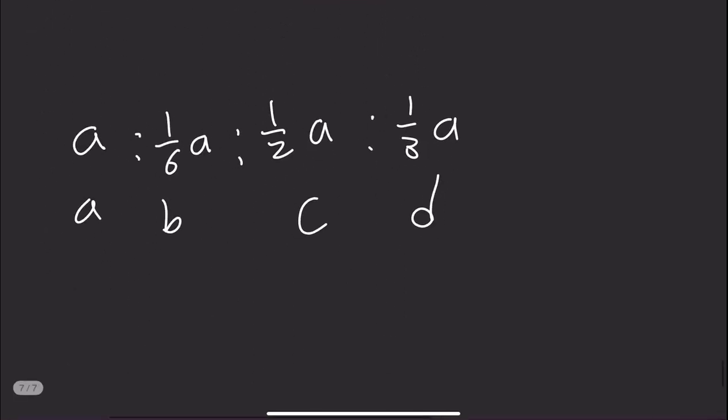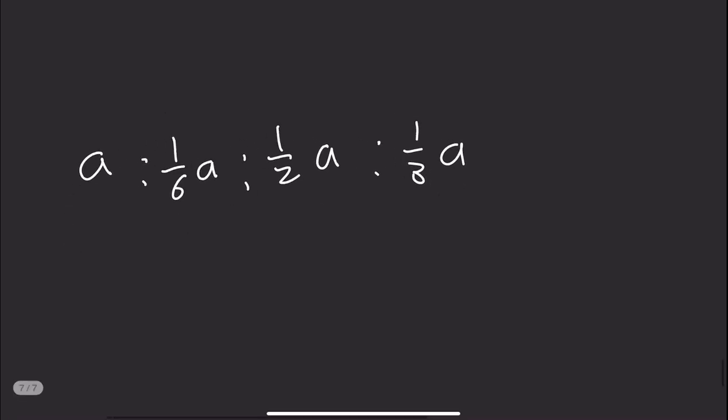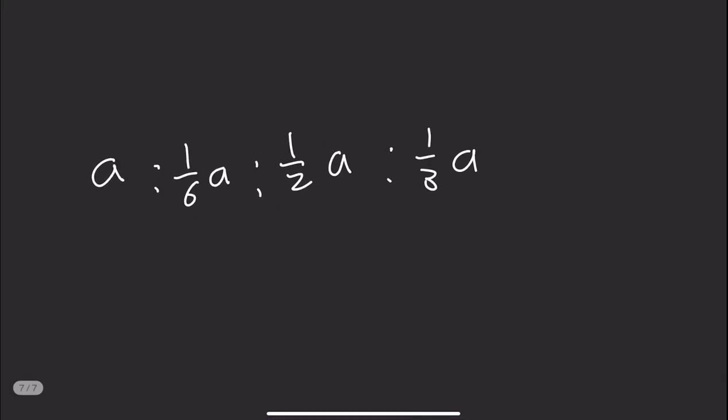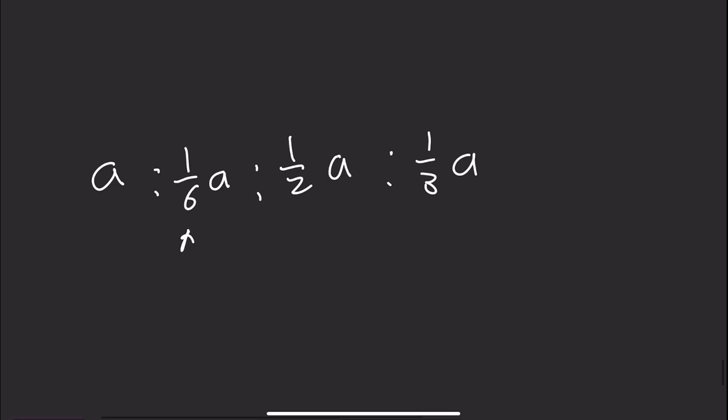Now, if you look at this ratio, it's really confusing because they're all in fractions. What we can do is find the number that can make all of them a whole number and then multiply it by them. In this case, it will be 6, because if we multiply this by 6, it will be a 3.